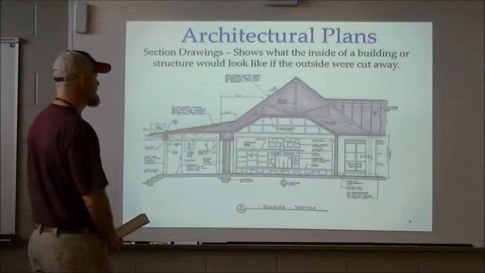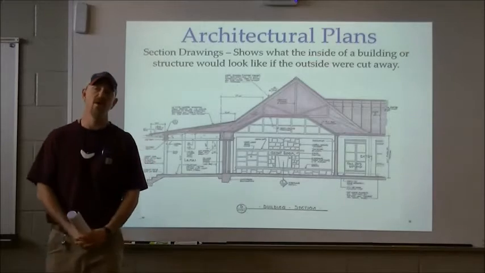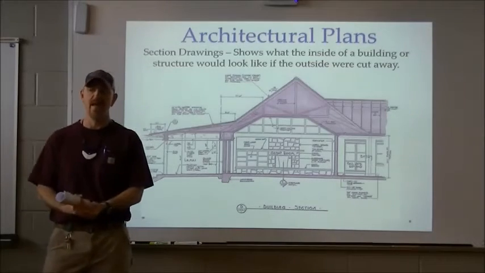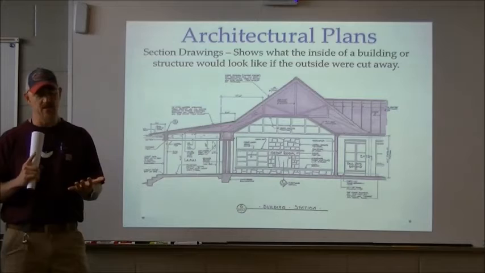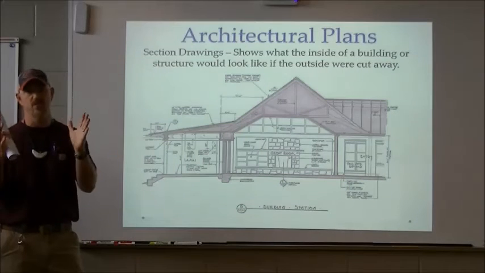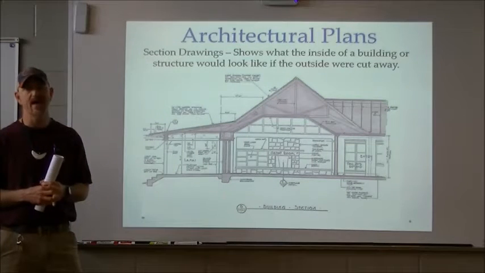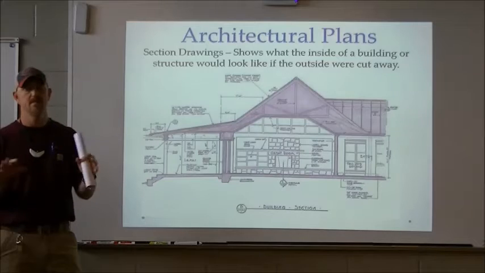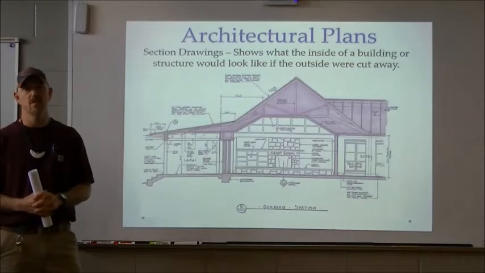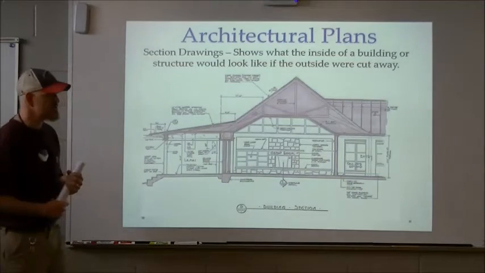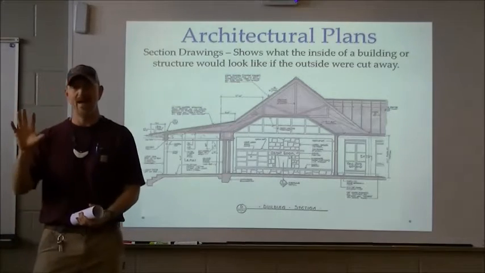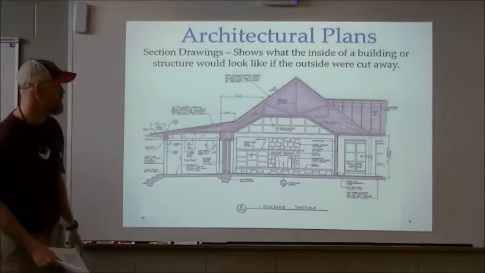Okay. Now, a section shows what the inside of a building would look like if part of it were cut away. Now, you can have a wall section, which would show you what the inside of a wall looks like. Many different types of sections. Pretty much you can section anything, and it's just going to give us information about how that particular item is constructed.